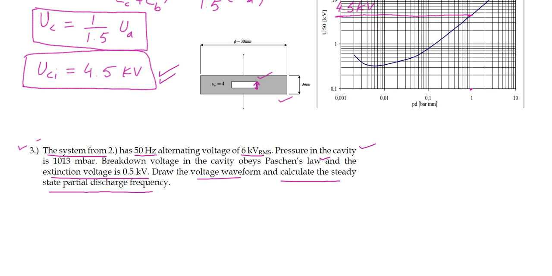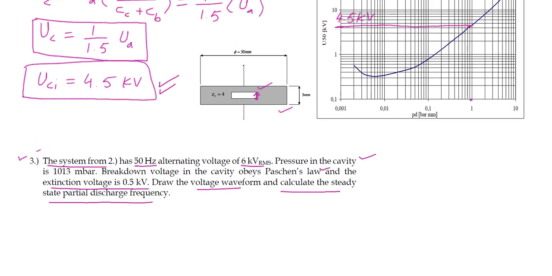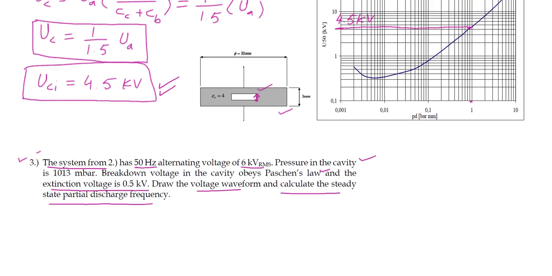So now, we are given UCI, and also we are given the extinction voltage UEI, which is equal to 0.5 kilovolt.